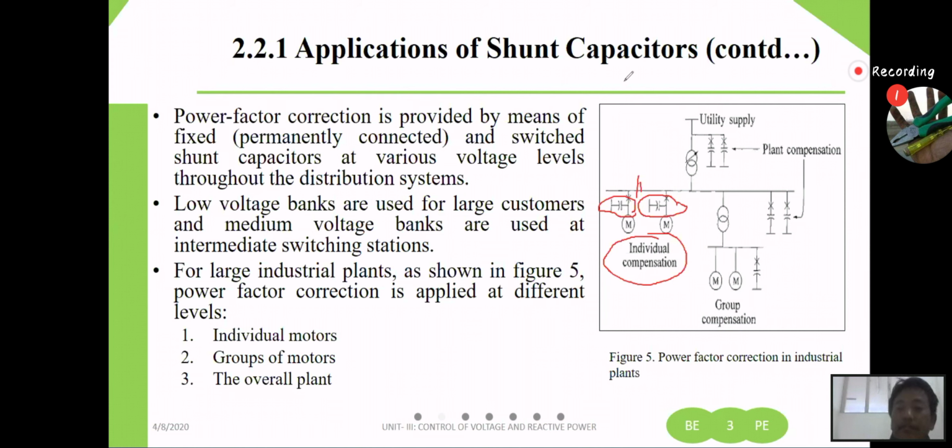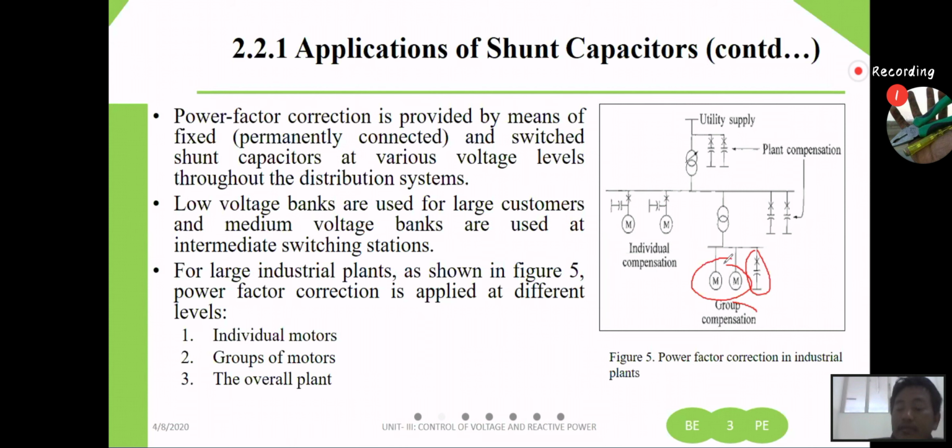Another option could be, instead of connecting to each individual motor, to connect one shunt capacitor for a group of motors. This is known as group compensation. To improve the power factor you can do it individually, and if you are wealthy enough or have a huge amount of money, then it will be much better.